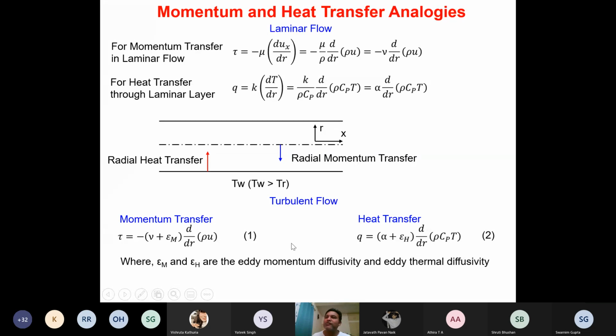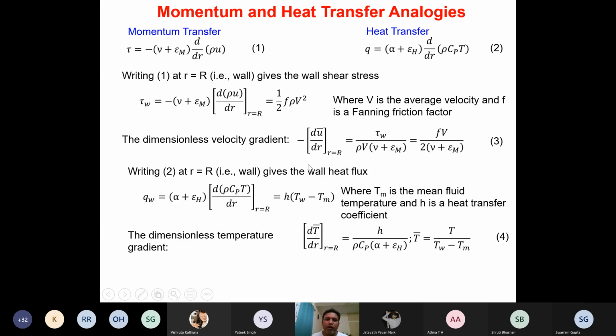Then we have written these two equations at the wall, when r equals capital R. We have found out the wall shear stress and wall heat flux, and based on that the dimensionless velocity gradient at the wall and the dimensionless temperature gradient at the wall. These two quantities we have found out in equations 3 and 4.